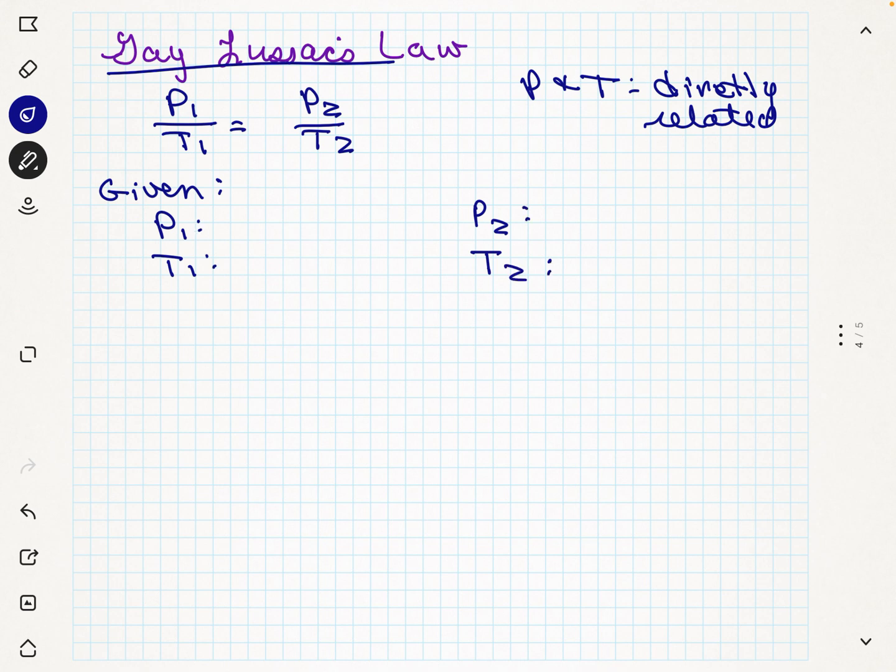In our sample problem here, we're told we have 10 liters of a gas. Okay, that's going to be constant. It was found to exert 97.0 kilopascals at 25 degrees Celsius, which when we add 273 will give me 298.0 Kelvin.